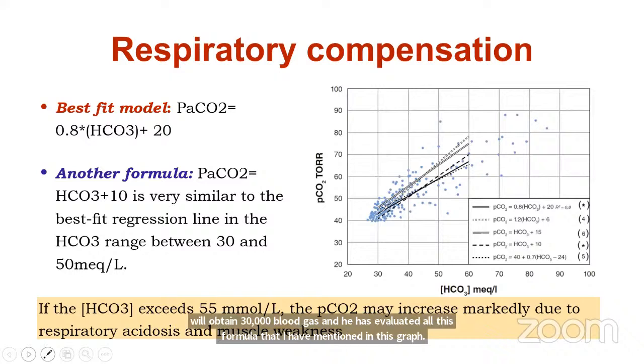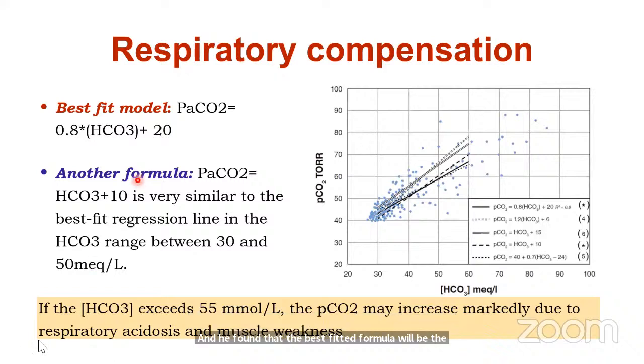He found that the best fitted formula is 0.8 times bicarbonate plus 20. Another simplest formula is that the expected PCO2 equals bicarbonate plus 10, which correlates equally well with the best fit model.